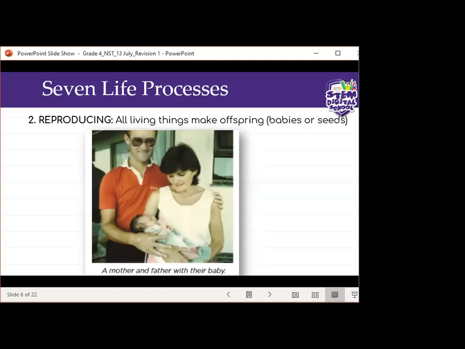So Menindle's hand is also up. Menindle, hi, ma'am, how are you? I'm good, and you? I am well, thanks. So Menindle, give me another example of a living thing that reproduces, and what does that living thing reproduce?